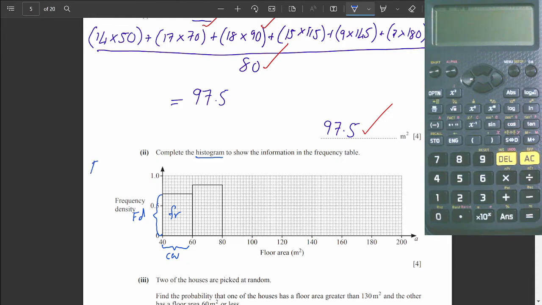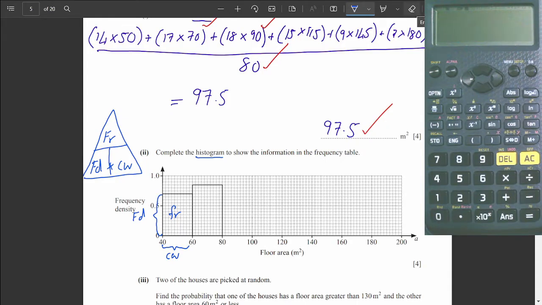So frequency density times class width equals frequency, and you can change that into one of those little triangles that work so well. Okay, so frequency FR equals frequency density times class width.